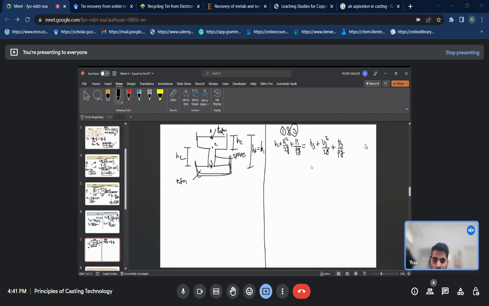So from here you see that the pressure at 1 and 3 will get equated, as p1 is equal to p3, which is equal to atmospheric pressure.